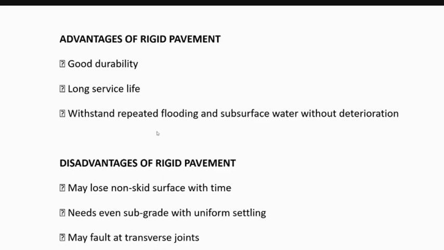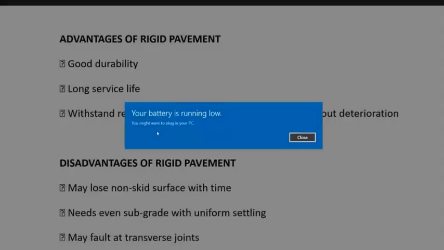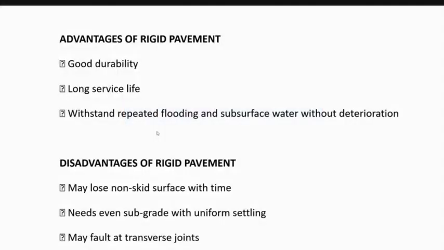And the noise which it produces because of rough surface, that is also non-tolerable, especially on expressways when you are riding a vehicle at a higher speed, the continuous noise will create irritation to the passengers. And this rigid pavement has a rough surface. Because of that, tire consumption or vehicle operation cost is a bit on the higher side.